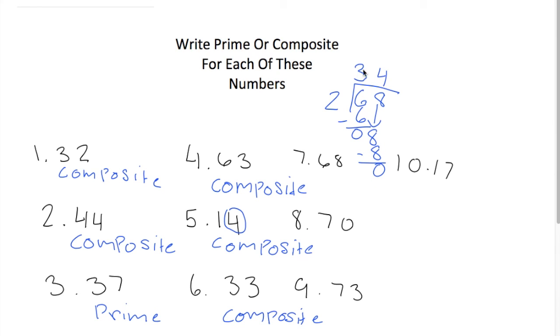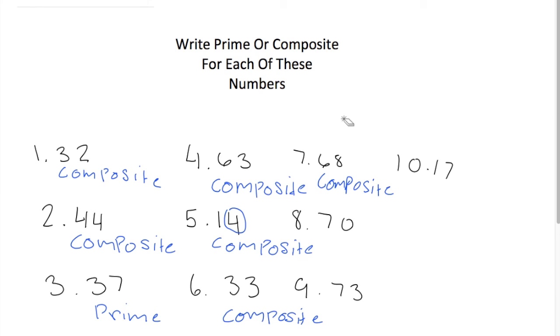So it goes into 34. That means it's more than just 1 times. So number 7 would also be composite. It's ironic how we're getting so many problems with composite answers. Okay, 70, well, that should be pretty easy, and we all know it's composite because 10 times 7 equals 70.